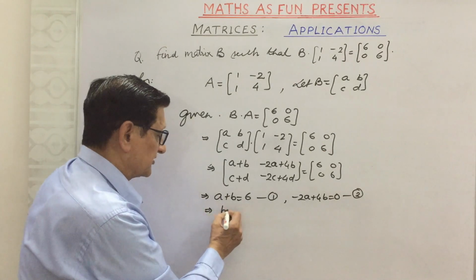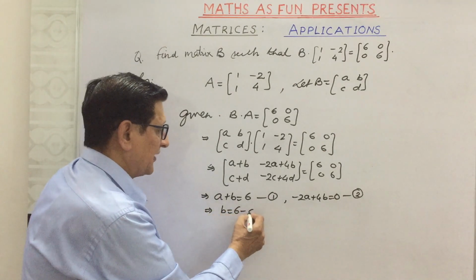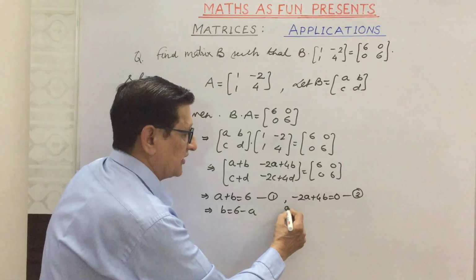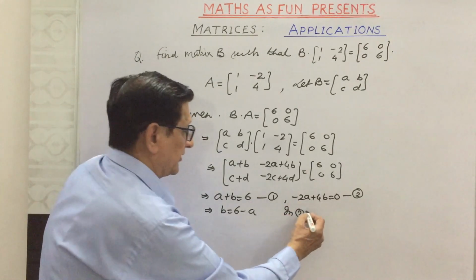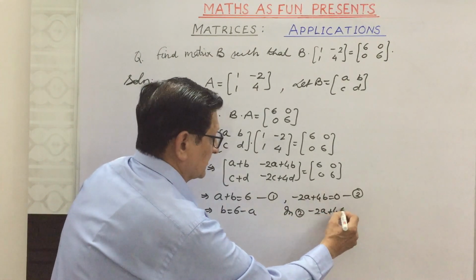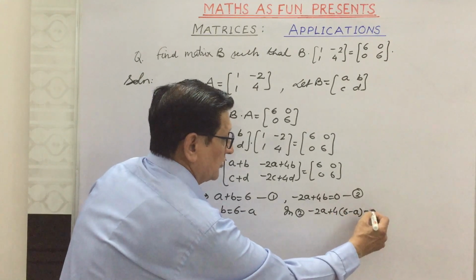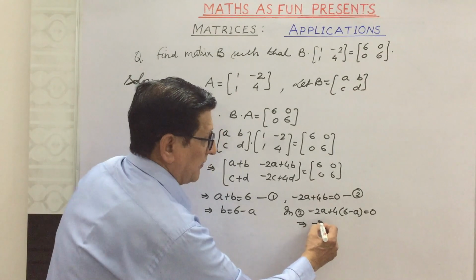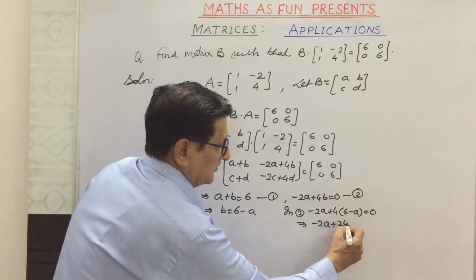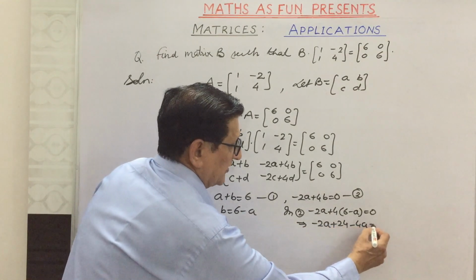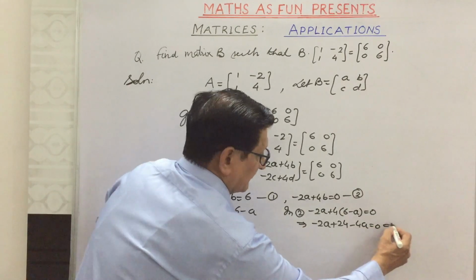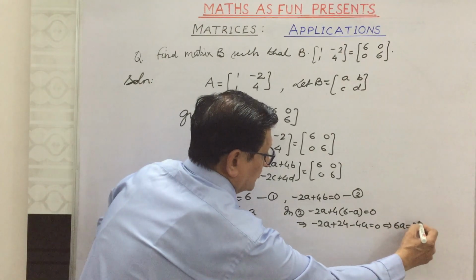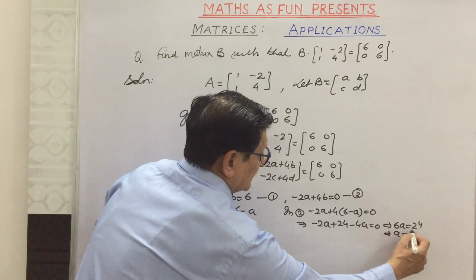Then we find from this b is equal to 6 minus a. If we substitute that in 2, we are getting minus 2a plus 4 into 6 minus a equal to 0. It means we are getting minus 2a plus 24 minus 4a equal to 0, which gives us 6a is equal to 24. It means a is equal to 4.